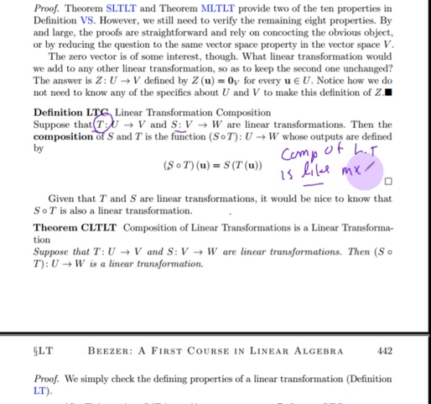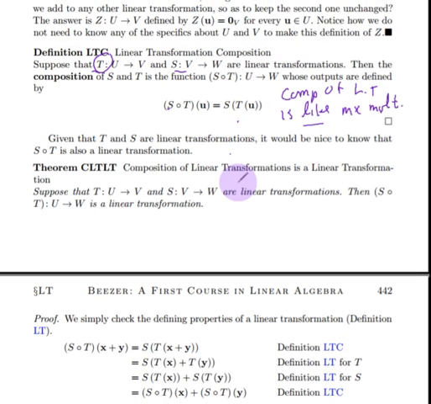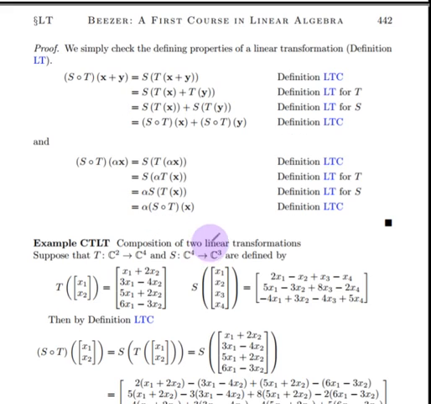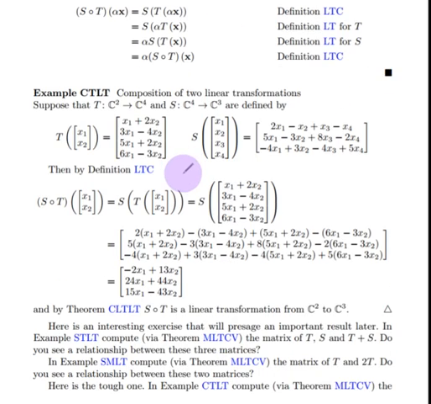So composition of linear transformations is like matrix multiplication. We know that the product of two matrices is a matrix, and that's analogous to this result that the composition of two linear transformations is a linear transformation. Go through and check the same old results.